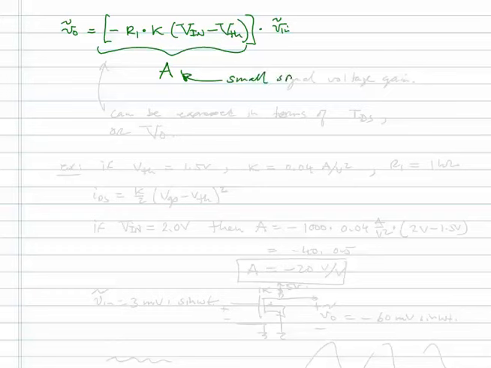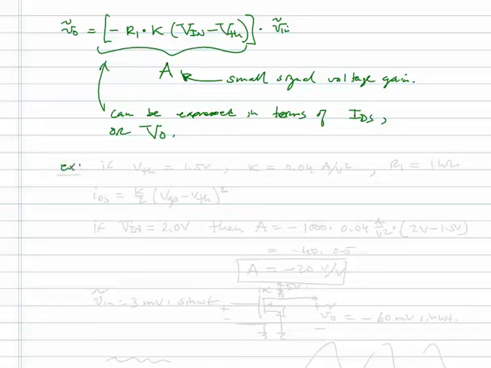This can also be expressed in terms of IDS, the operating drain current, or in terms of capital VO. I'm not going to do that here, but I'll let you work on that. But this at least gives you an expression for the small signal gain.